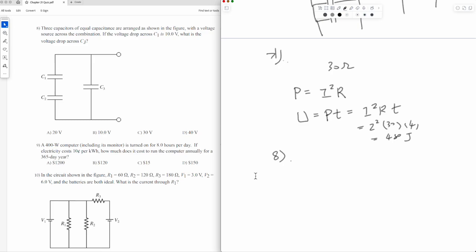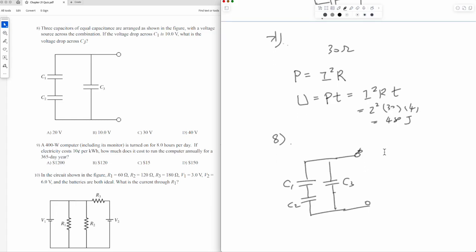If the voltage drop across C1, so same kind of capacitors, C1, C2, C3, and you have a voltage here. If C1 is 10 volts, and C1 and C2 are connected in series, in series means the amount of charge is the same. C1 equals C2 equals C3.